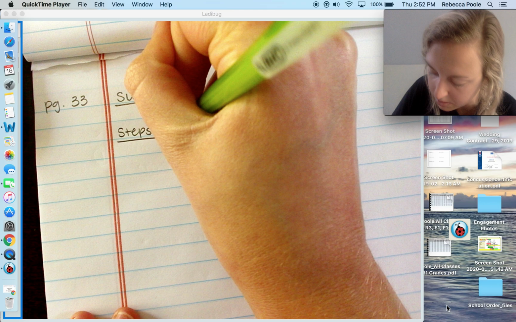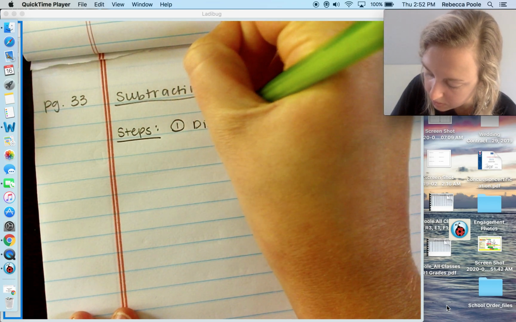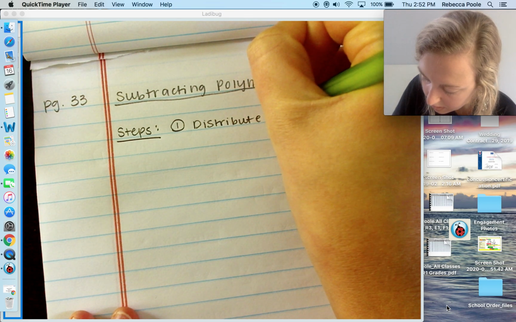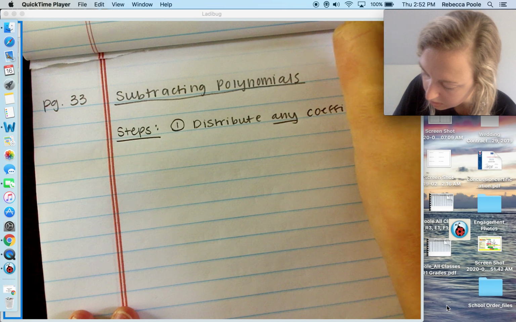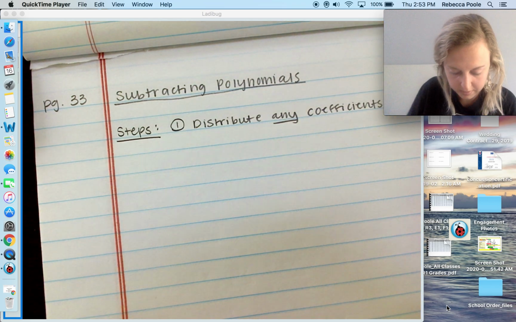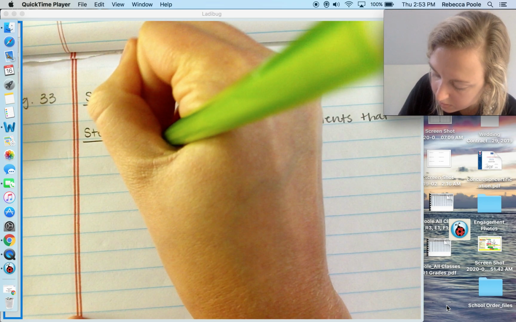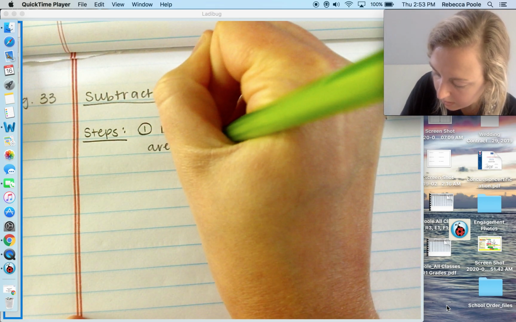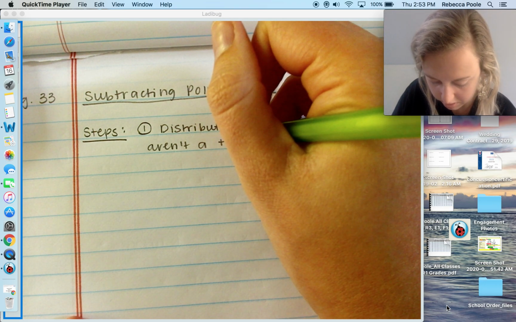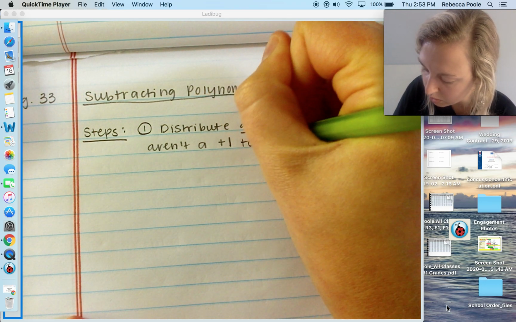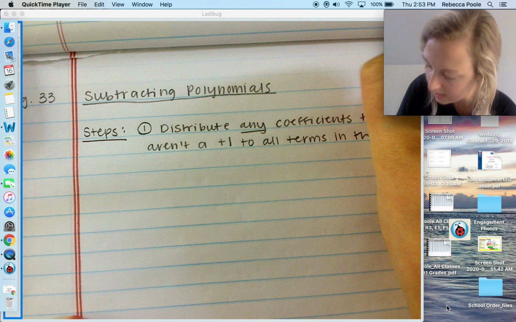Step 1, we're going to distribute any coefficients that aren't a positive 1 to all terms in that group.